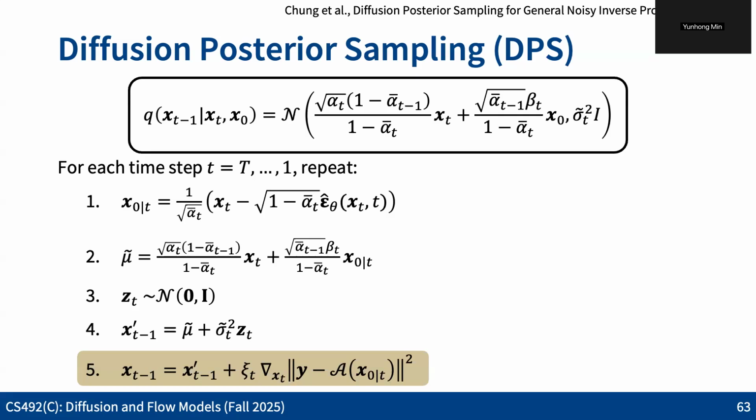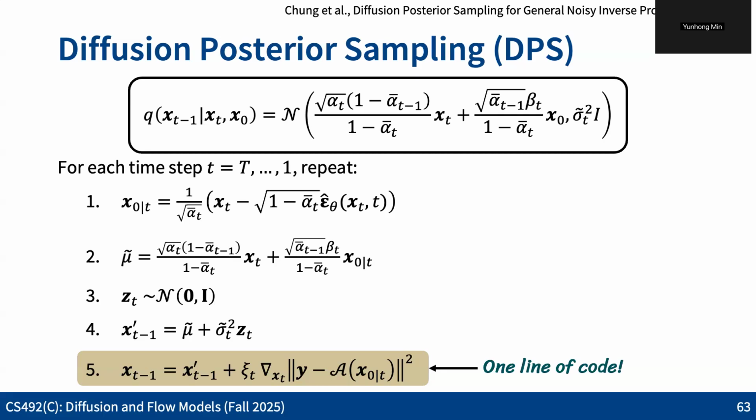For the guidance, what we need to do is literally just add one line of code in the PyTorch code. By adding just a single line in the PyTorch code, you can add some kind of guidance in the generation process. So this is a really interesting point.